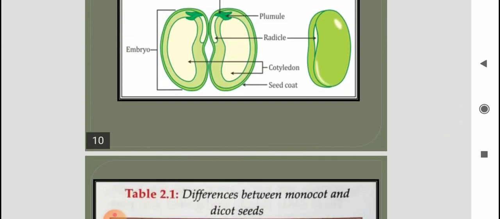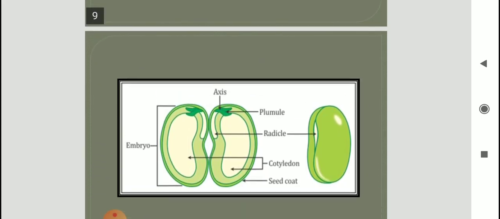Now, depending on the type of plant, some plants have seeds with just one cotyledon, and that too is very thin, papery like. So in them the food storage cannot be done by cotyledons. Instead, they have endosperm for food storage. Such seeds are called monocots or monocotyledonous seeds.